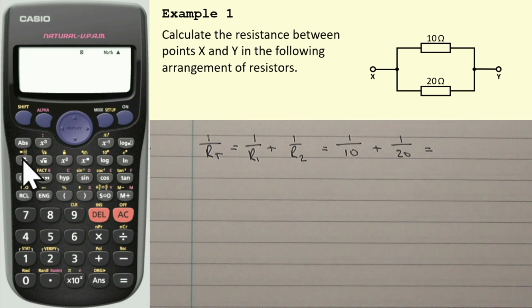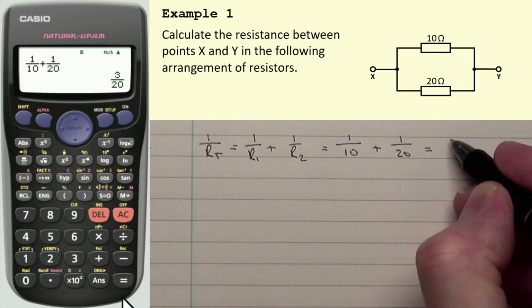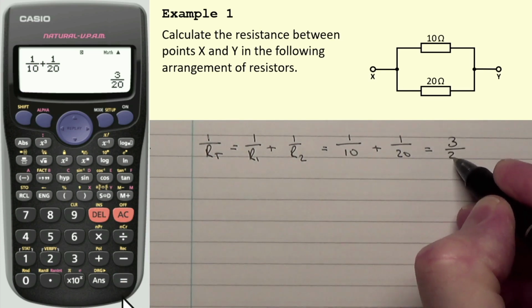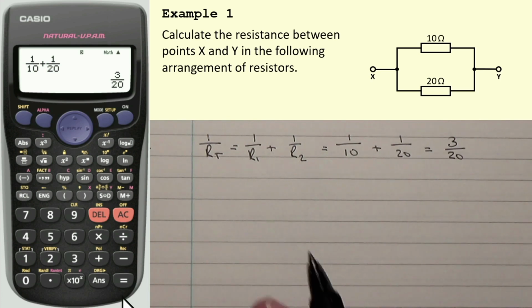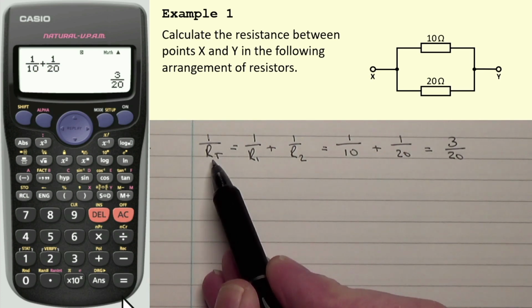So press it now, and I type 1, then I press down, 10, then I press right, and plus. Press the fraction button again, 1, down, 20 is equal to, so that gives me 3 over 20. Now this is not the effective resistance yet. This is just the value of 1 over RT.